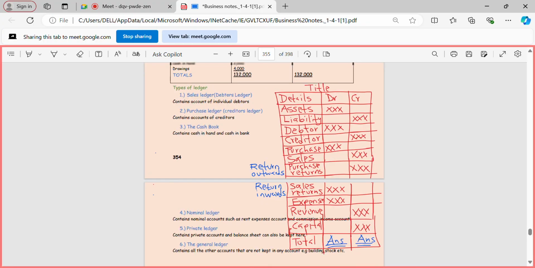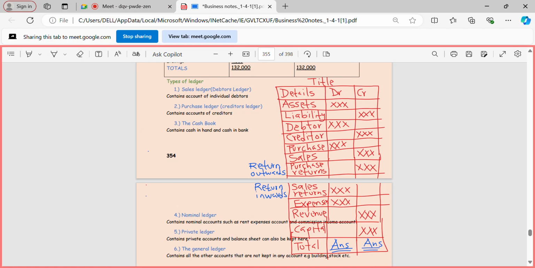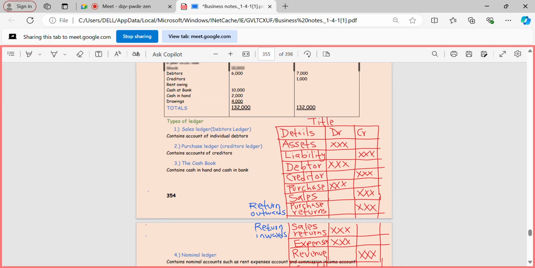I've missed the capital. Capital, according to the rules of ledger, we always credit. Then after you have put everything that was in the equation, below here you write the total. You add everything on the debit side, and you also add everything on the credit side.